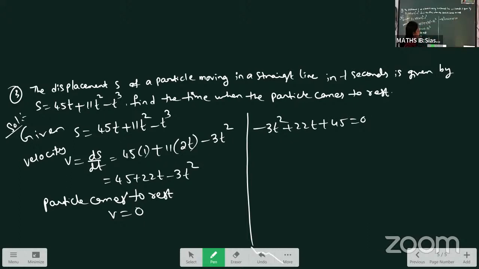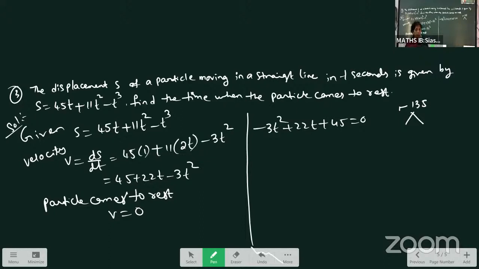So factors are what? 45 into 3, minus 135. What are the factors to solve this equation? That is the main important thing here. 135 means I can say directly 27 into 5, and 27 minus 5 is 22.